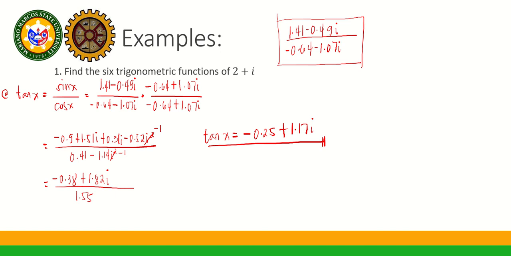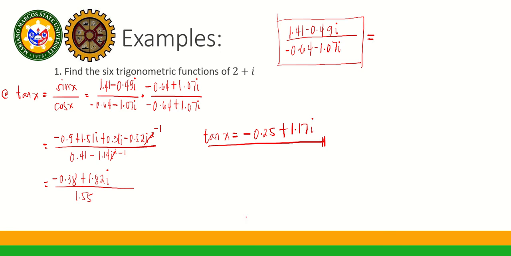So, try natin. 1.41 minus 0.49i all over negative 0.64 minus 1.07i. So, if you're going to press equals, so i-press mo yung equal sign. Tapos, merong magpapakitang answer in fraction. And then, press mo lang si SD.